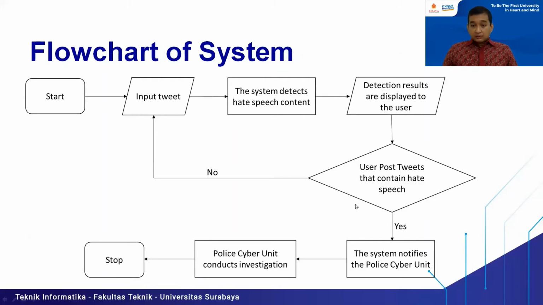If a user posts a tweet that contains hate speech content, the system will notify the police cyber unit, and then the police cyber unit conducts an investigation. This system is still a prototype and has not been widely implemented, because it needs approval from Kominfo for wide implementation.